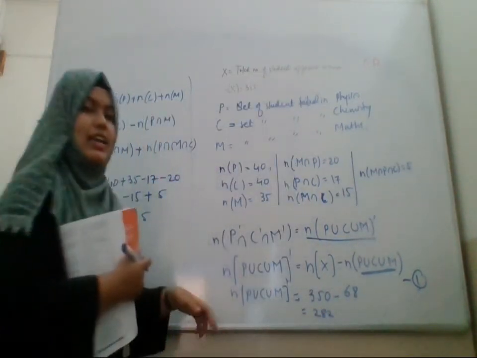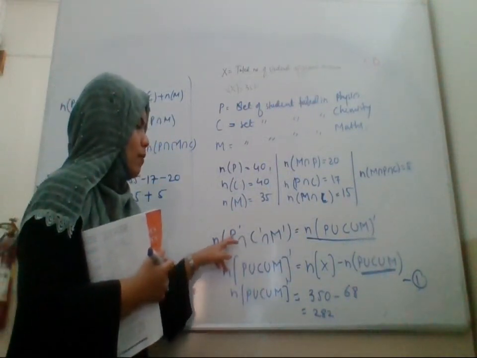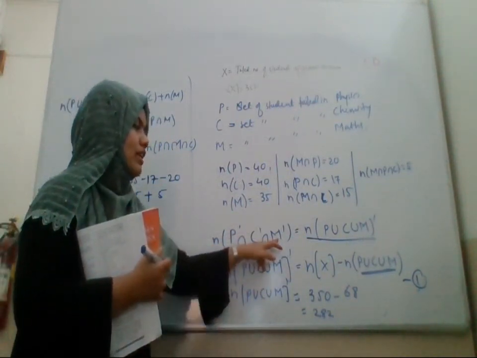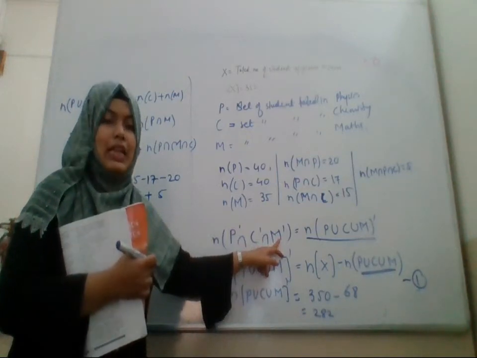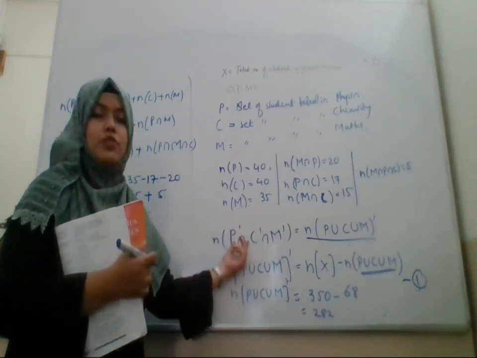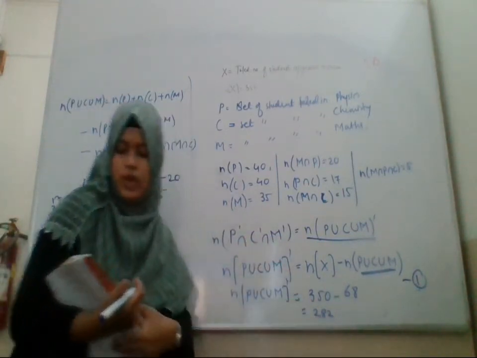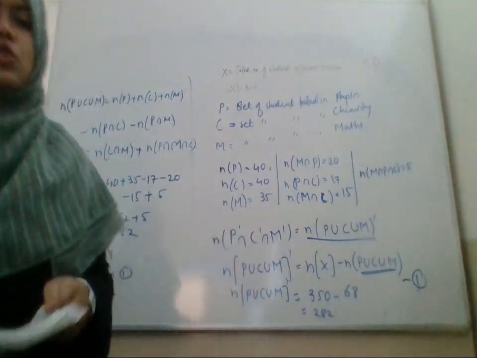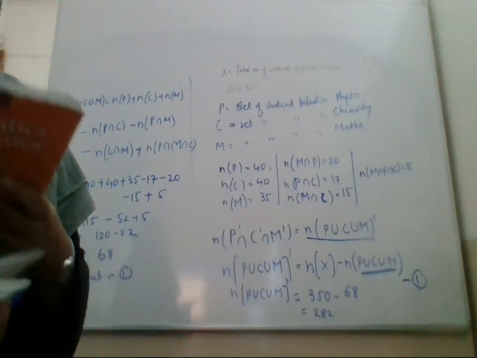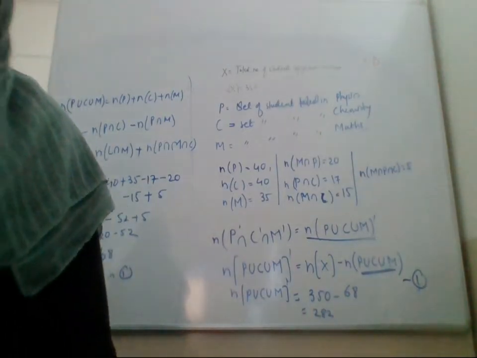Okay. So your final answer, that means n of P complement intersection C complement intersection M complement, मतलब the number of students who did not fail in any subject, is equal to 282. Okay. So this type of problem can come in exam for 3 to 4 marks.